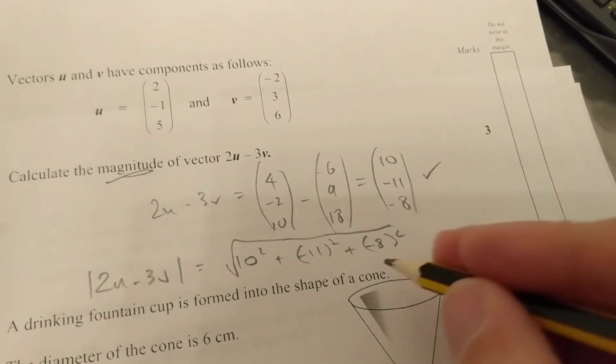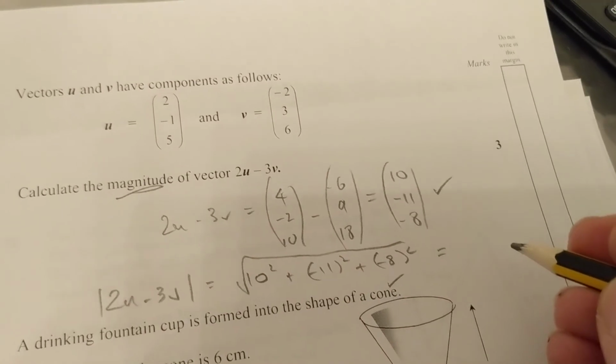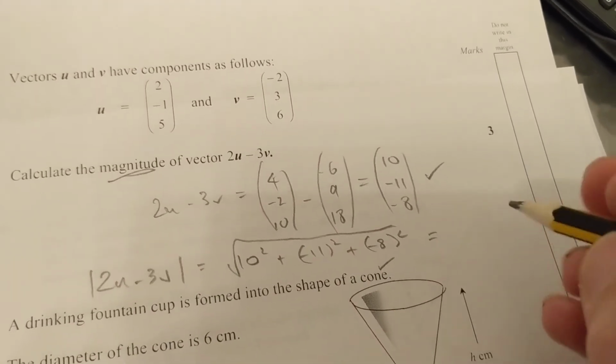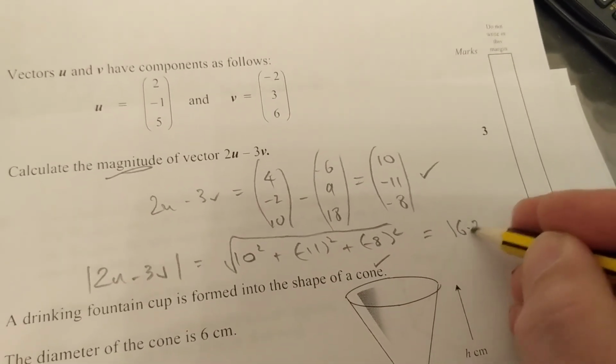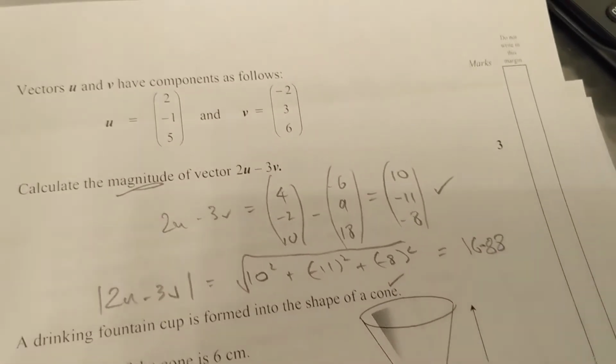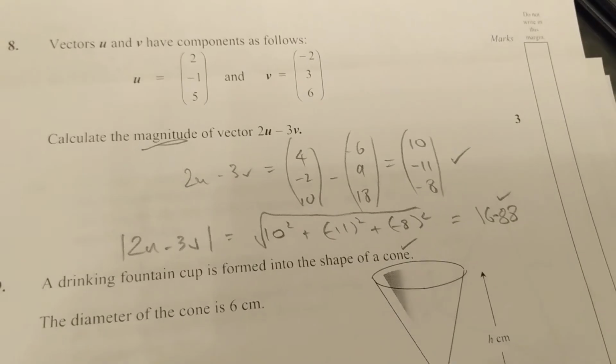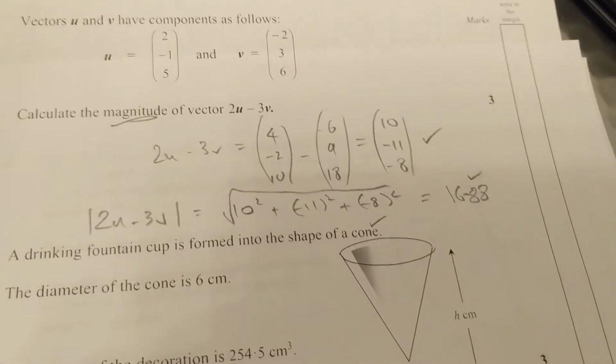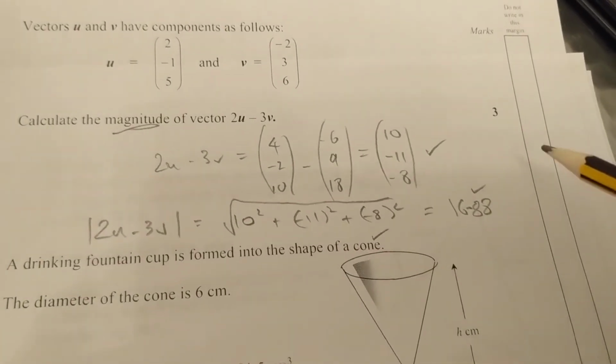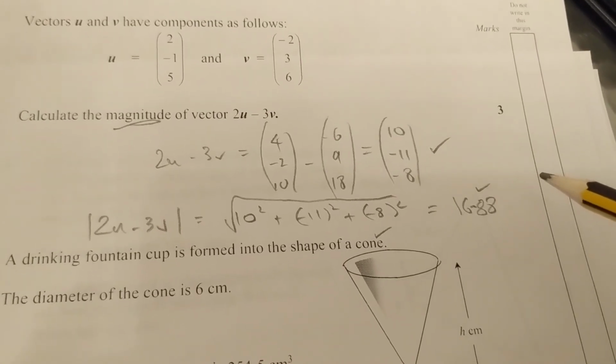Okay, and that's your second mark, you do that. The answer, if you put all that in your calculator carefully, is around about 16.88. 16.9 say. That's your 3 marks. So question 8, a wee bit worried just because I think it's a question that you'll probably look at now and think, well, I could do that.